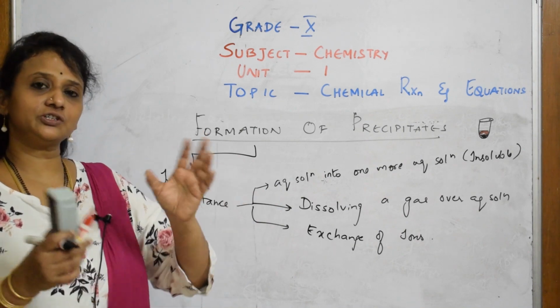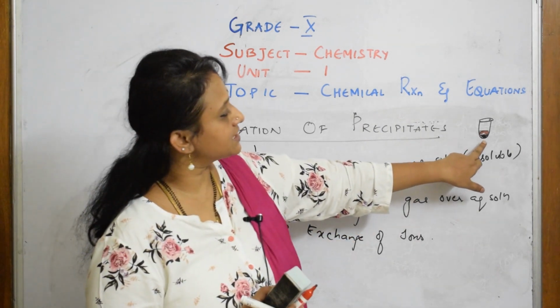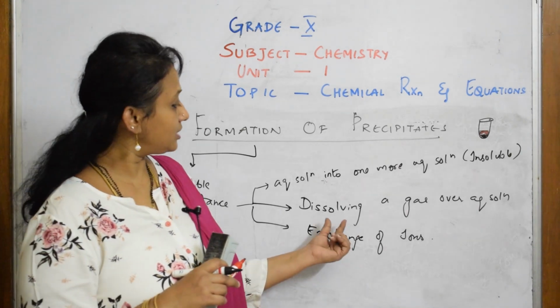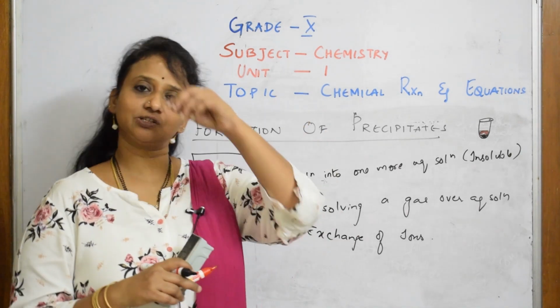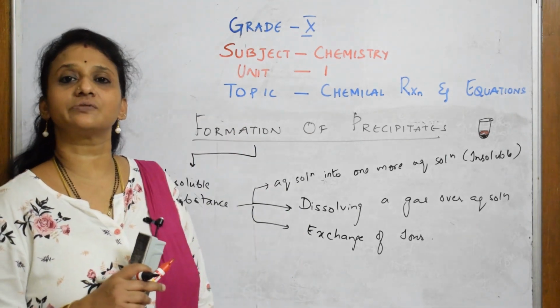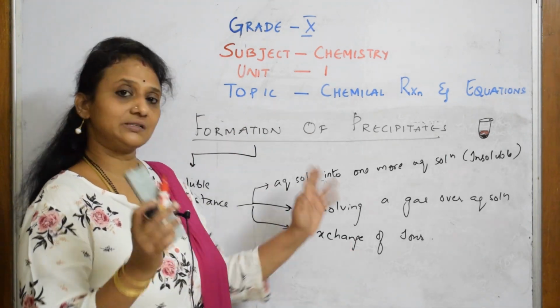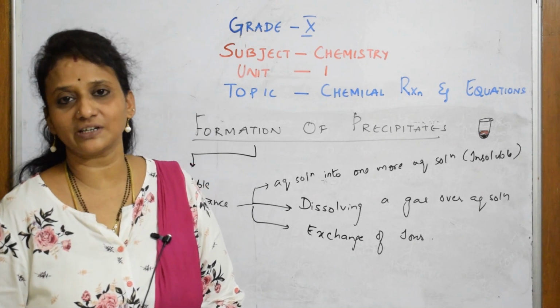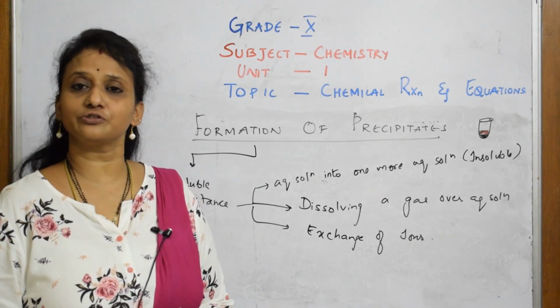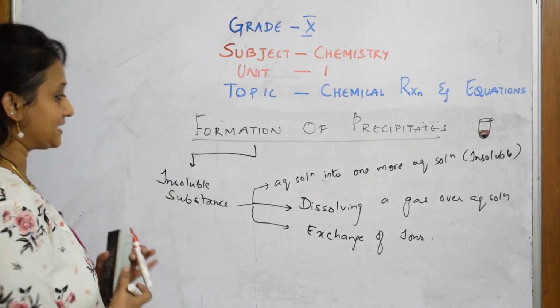Either aqueous solution to aqueous solution, if they are immiscible, forming two separate layers, then we call it a precipitate. When you send a gas into an aqueous solution and it doesn't dissolve, then also I call it a precipitate. Suppose there is exchange of ions, like a double displacement reaction, there also you find the formation of precipitate.